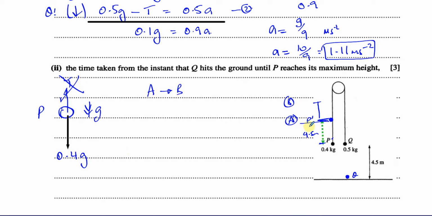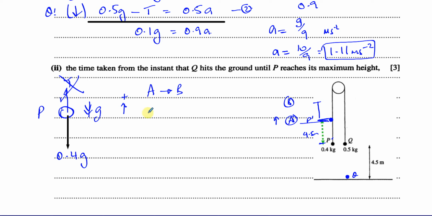Now, what direction is P moving in at A? It's moving upwards, so I'm going to take up as positive. What is the resultant force acting on P? The resultant force is only acting downwards.